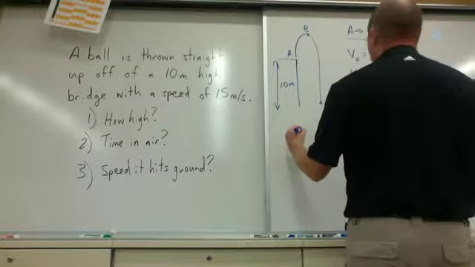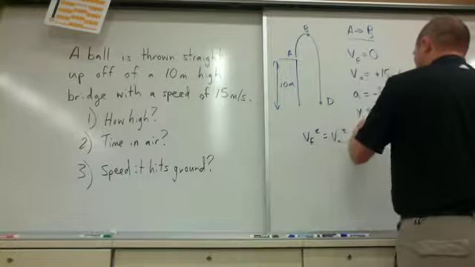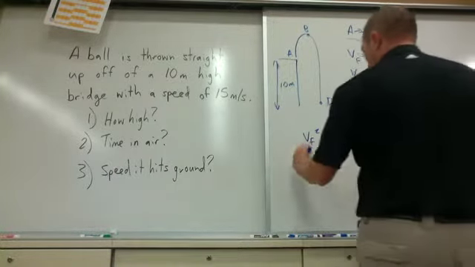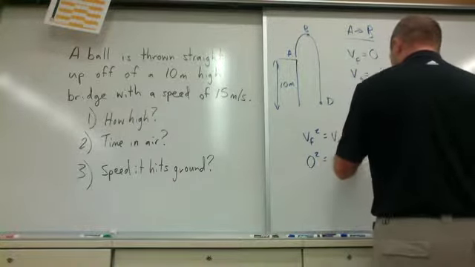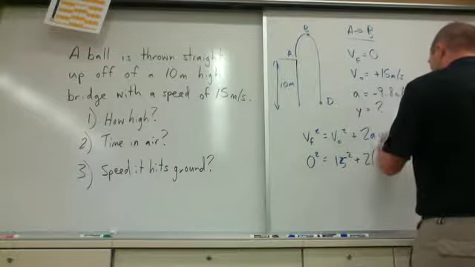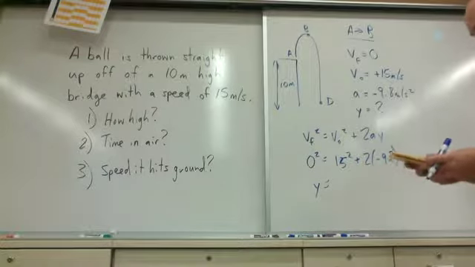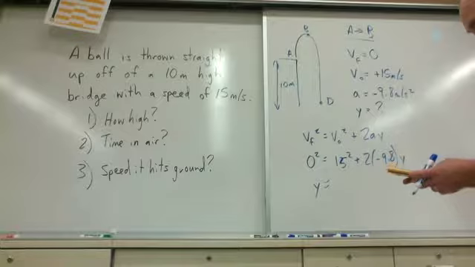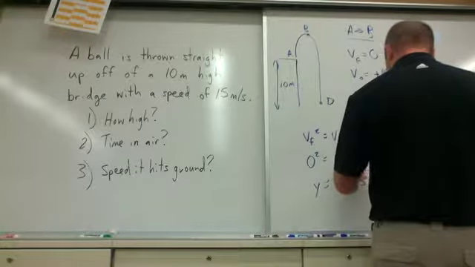I'm going to write down my formula, in this case y or x, and then slam your numbers in. So 0 squared equals 15 squared plus 2 times negative 9.8 times y. Solving for y, 15 squared divided by 19.6, and you get y to be positive 11.5 meters.